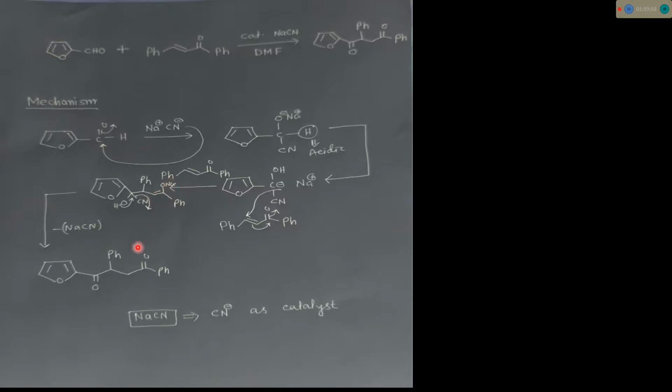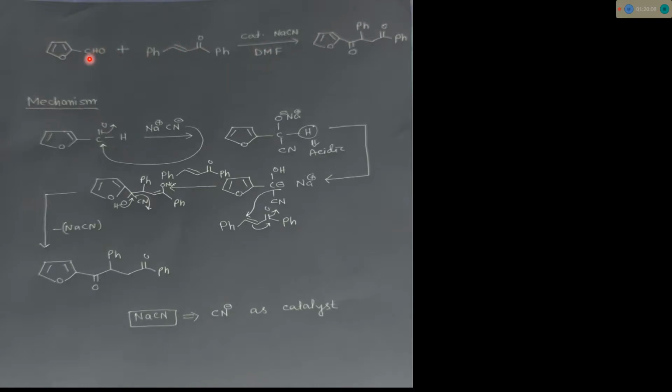This enol becomes a carbonyl compound, so CO and Ph should be there, and CH2COPh.